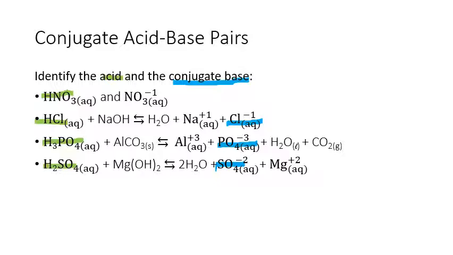We also had some bases over here, which I'll just kind of underline. So the NaOH, the aluminum carbonate, the MgOH, those were all bases because those all accepted this proton. So they all took the H from there. So right, where'd this H go? This H went and reacted with the NaOH and it made water. Or this H over here reacted with this aluminum molecule and it made a water and a CO2.